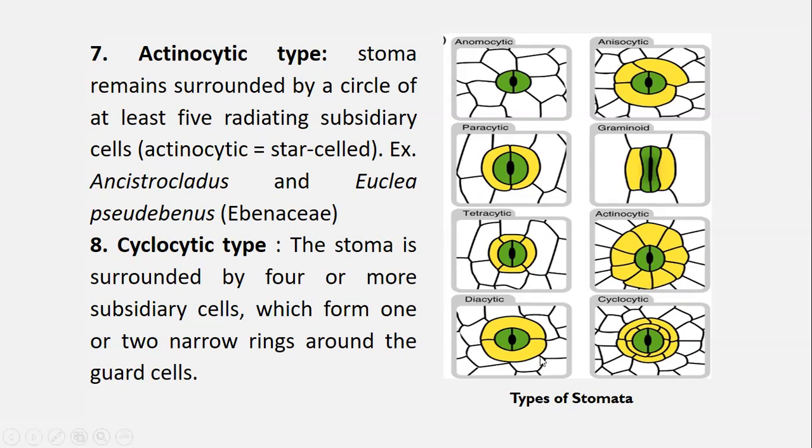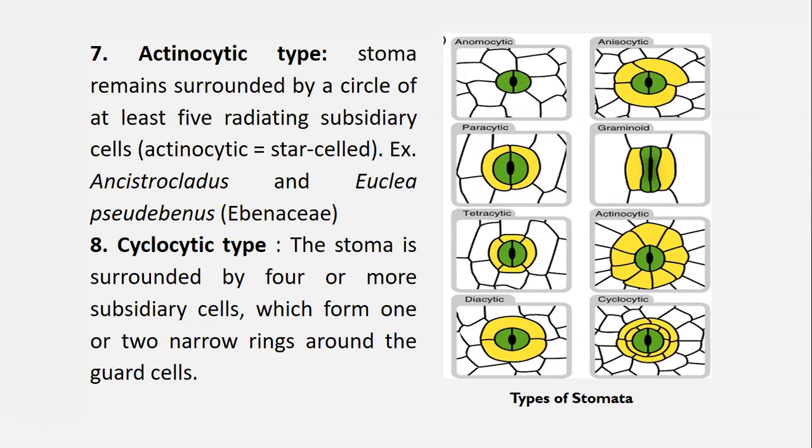Whereas in diacytic, only two subsidiary cells are there, but these are perpendicular to the guard cells. And in cyclocytic stomata, two whorls of subsidiary cells are there, and these are called cyclocytic stomata. So this is a major type of classification of stomata based on the number and nature of the subsidiary cells of the stomata.